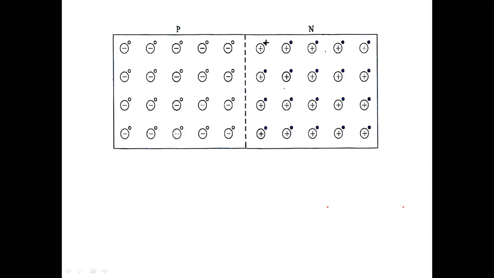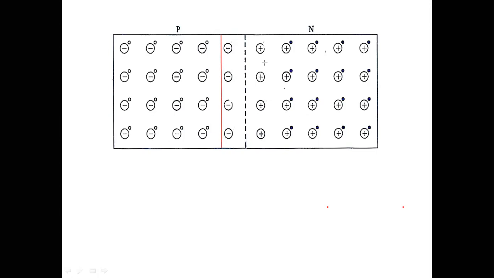So here the uncovering of atoms takes place and the junction is formed. The charge accumulated on either side of the junction, which is due to the process called diffusion, will obstruct the movement of charge carriers further.